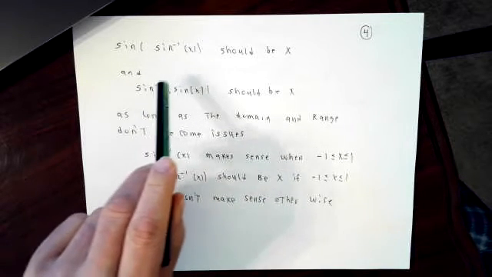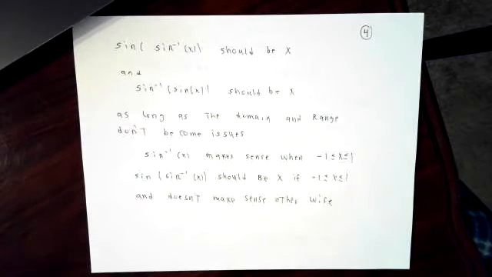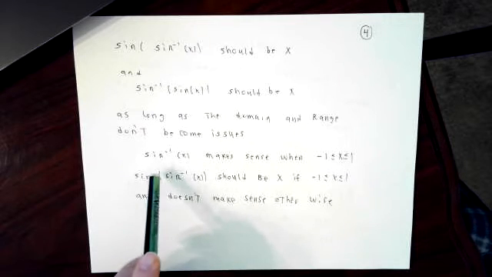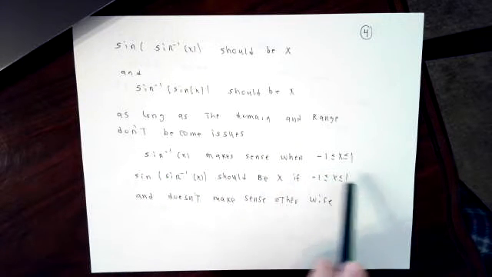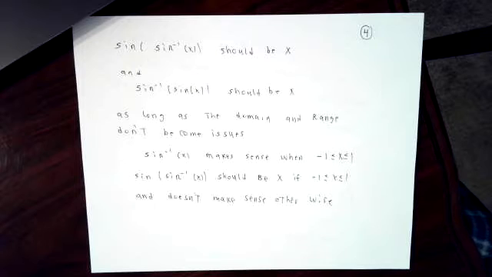If you think about sine of inverse sine of x, inverse sine of x only makes sense if x is between -1 and +1.